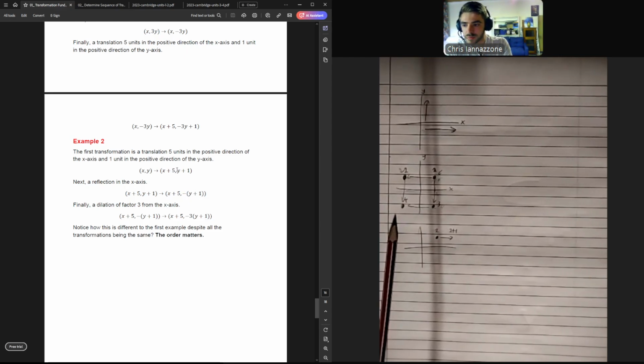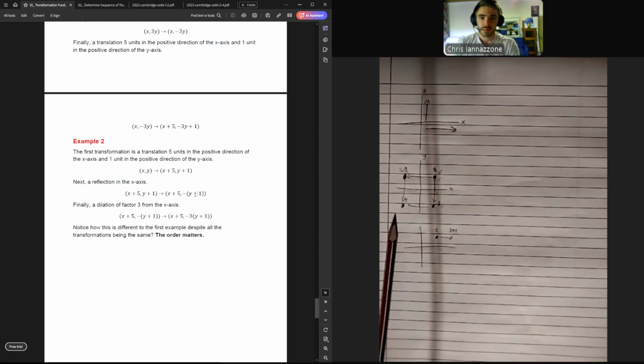And that's why when you do things in different orders, specifically around the translation terms, that's where it really starts to become an issue. But okay, same thing works with dilation, right? Dilation of 3 from the x means that you take whatever was in the y spot and you multiply that whole thing by 3, not just the y variable.